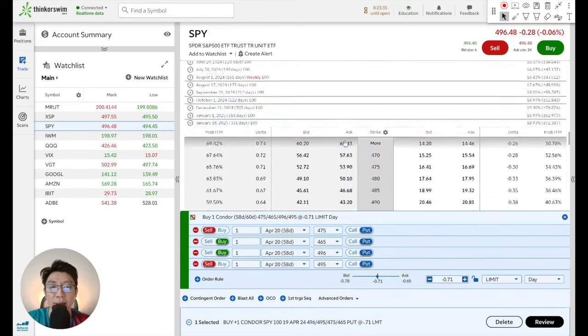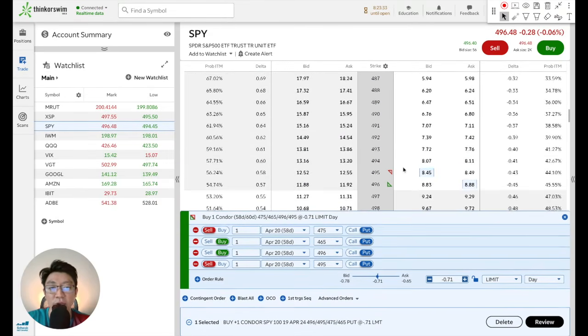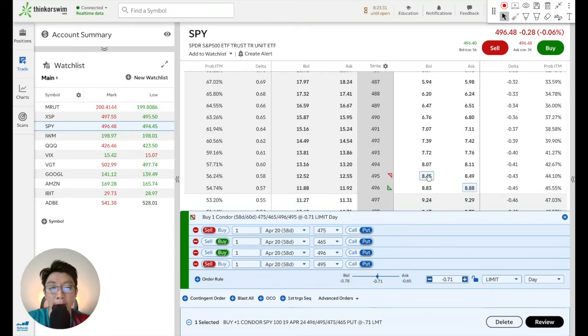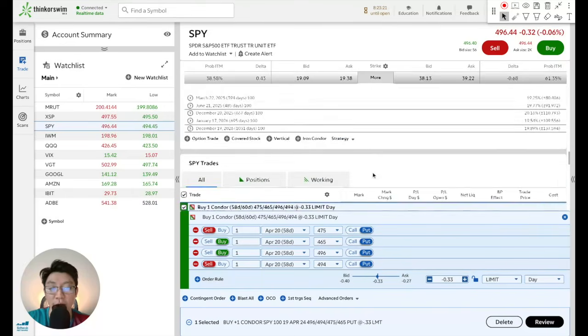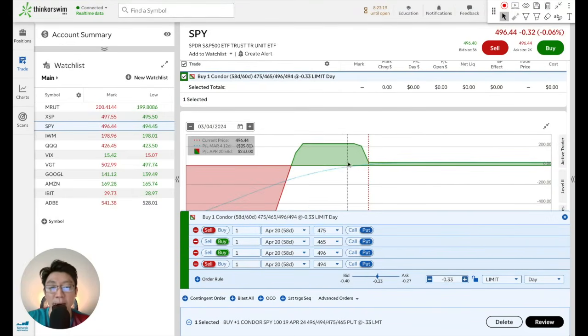Now, if you want to be a little bit more defensive, then what you could try is expand the size of this put debit spread. If you go for a 2-point wide spread, now your upfront credit is lesser, 33 cents, but the trade-off is now you have a much higher max profit. Right down here, you can see now your max profit is $233.